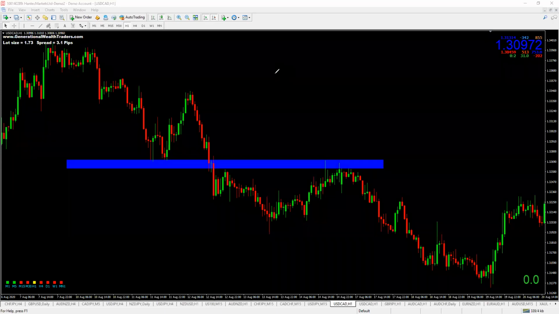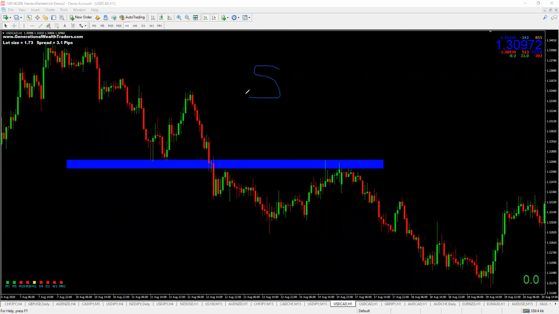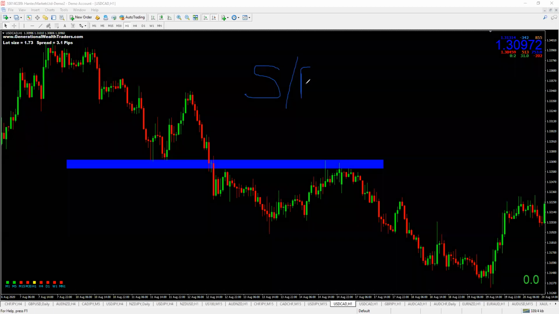In my response, I used S and R, S/R, otherwise sometimes referred to as SNR. S/R is basically support and resistance. So I used this, and he came back to me saying, what is this? So obviously I had to explain to him.